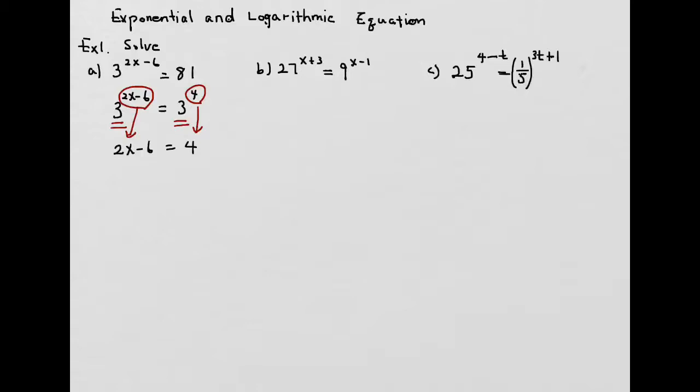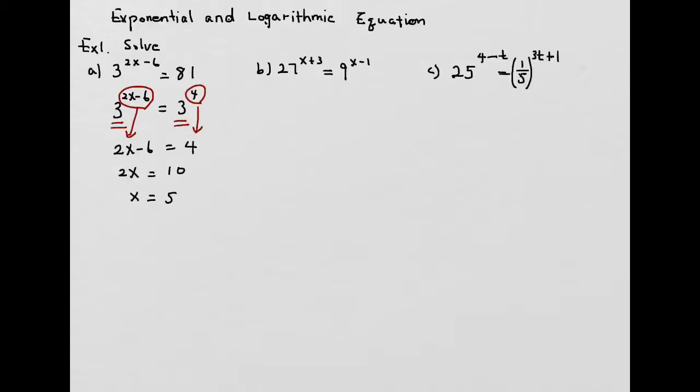Then when we solve for x, we add 6 to both sides and then divide by 2. So if x is 5, then both powers here and here will be 4.